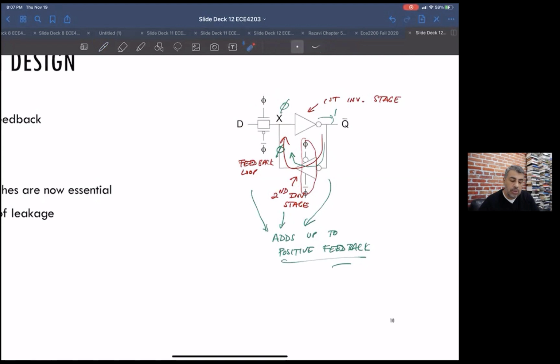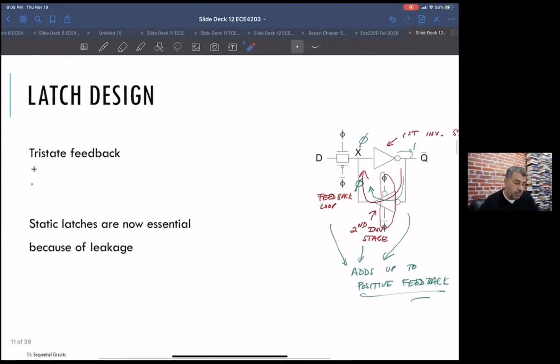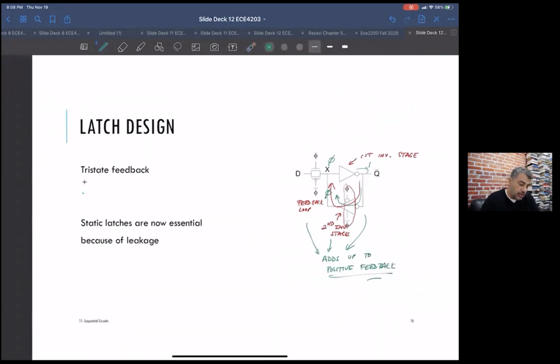And then once you disconnect your input, you reestablish the feedback loop, and as long as it has power and it's enabled, it'll keep that same value in there. So now you finally have a static latch. It'll keep the value there.